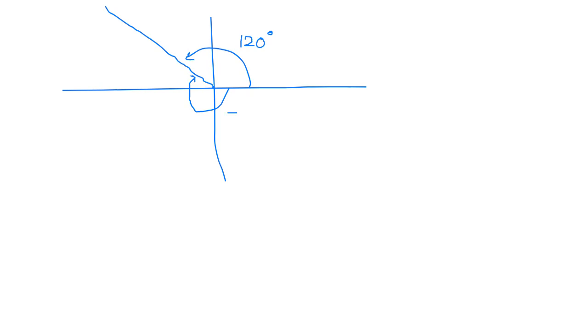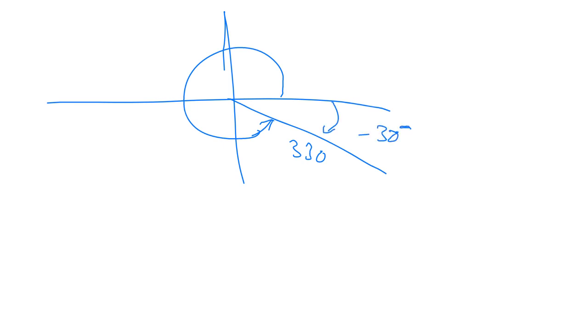Minus 240. Very good, minus 240. Ibrahim, this is 120, okay? If you subtract 120 from 360, you will get 240, and it is the opposite direction, so you will put negative. Okay, similarly, you can find this one. This is 330, and opposite of this angle is minus 30 because 330 and 30 make 360.